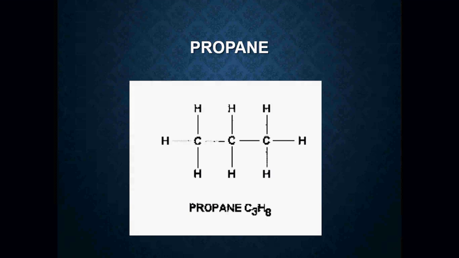Propane. Propane is the next one. Propane has 3 carbon atoms to 8 hydrogen atoms. So even propane is an even heavier gas versus methane and ethane. It's heavier. So what is going to happen with these gases if we have a leak?